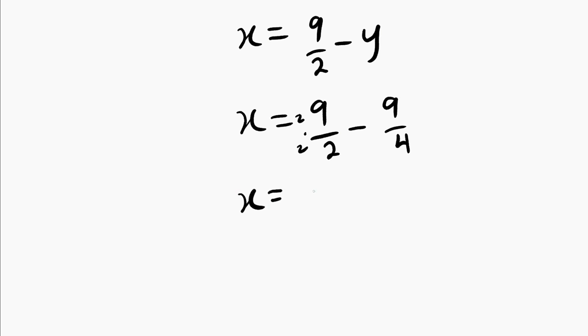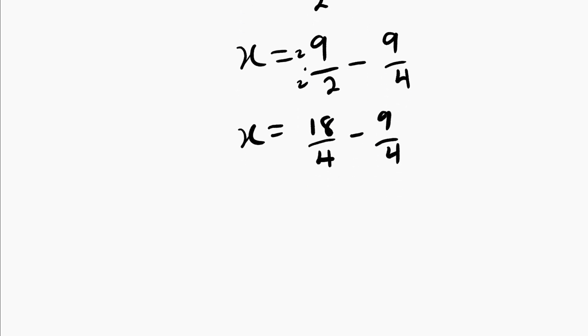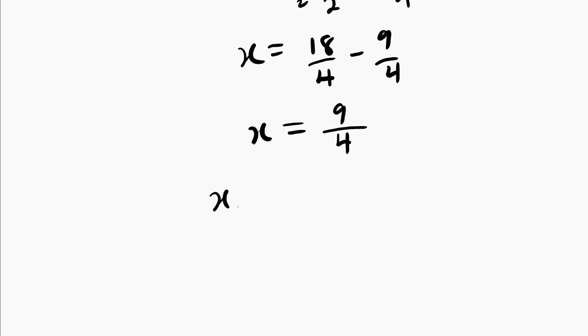So x equals 18 divided by 4 minus 9 over 4. Since the denominators are the same, we can subtract the numerators. x finally equals 18 minus 9, which is 9 divided by 4. So x and y are equal to 9 over 4, 9 over 4.